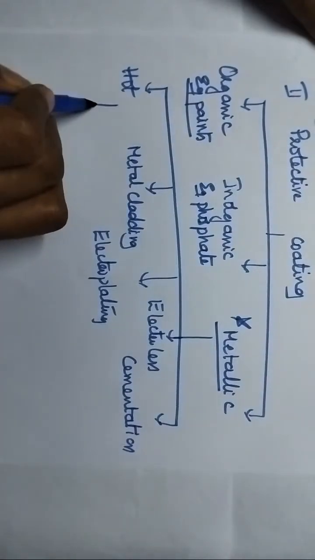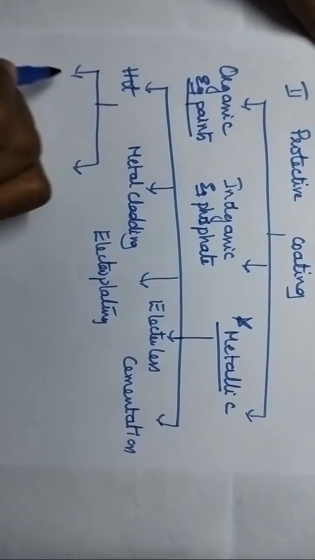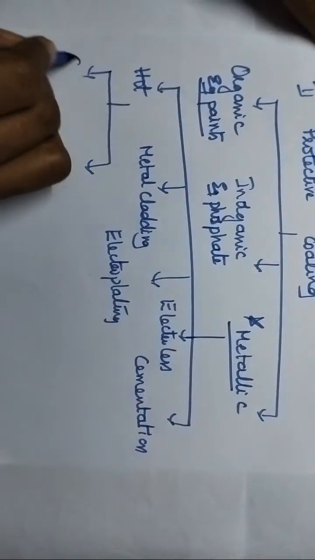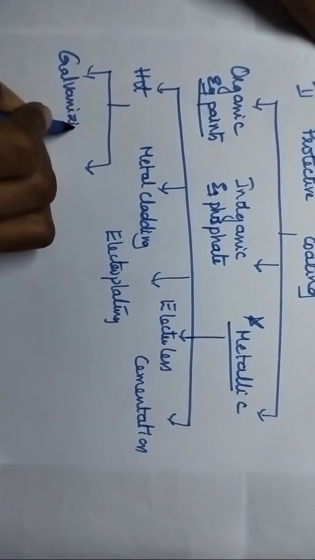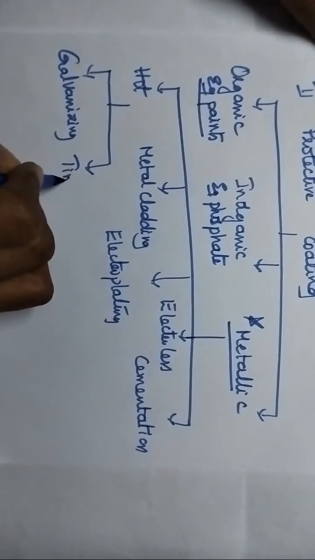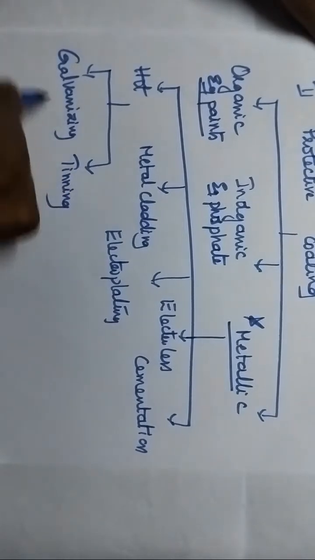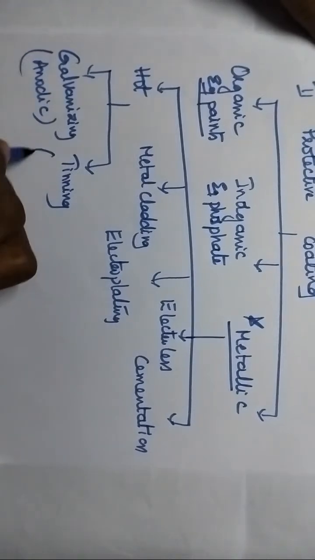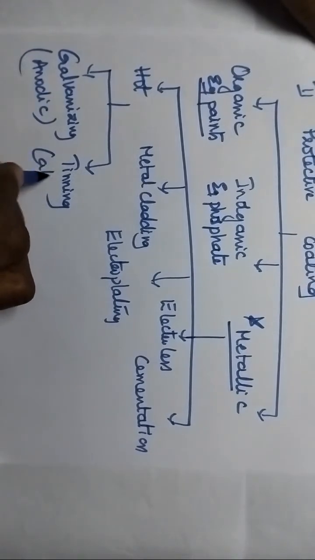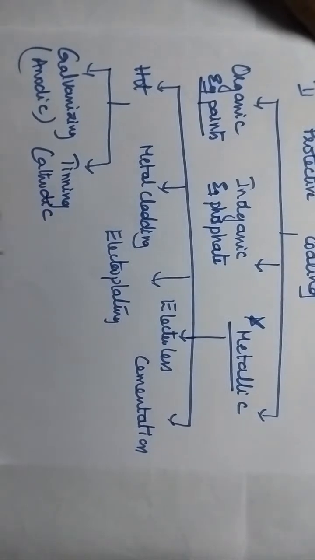Coming to the hot dipping method, again it can be classified into two types, namely galvanizing, and second one is tinning. So galvanizing is also known as anodic coating, tinning is also known as cathodic coating.